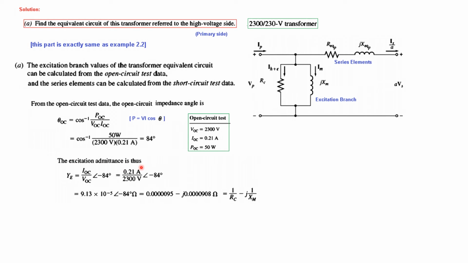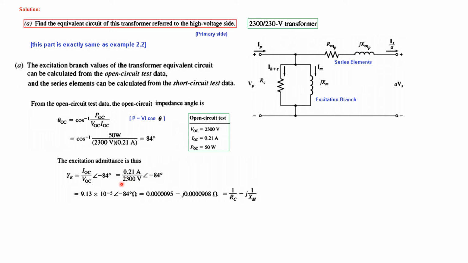And the excitation admittance, that is these two, they are in parallel, so we'll write them as admittance, and we know the admittance is current divided by voltage, and we'll also take into consideration the angle, and we are putting minus sign because the current is lagging in this case, so minus sign, and IOC value and VOC value.